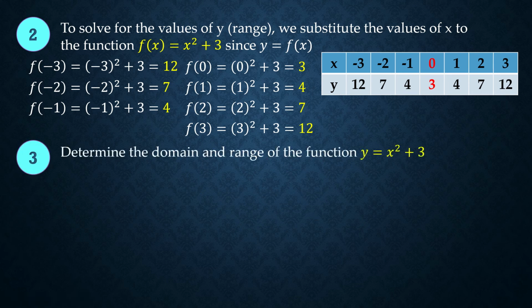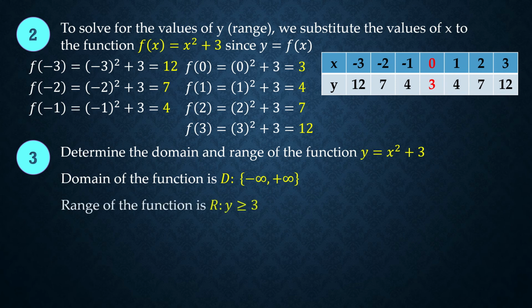Next is to determine the domain and range of the function y equals x squared plus 3. Okay, the domain, kaibigan ang domain is the set of all values of x, negative infinity to positive infinity. Ang range na gyud ang bantayan ani ang pagkuha. How do we represent the range or r? So, kung mobalik sa table of values, ang pinakagamay nga value sa y dinhi is obviously 3.